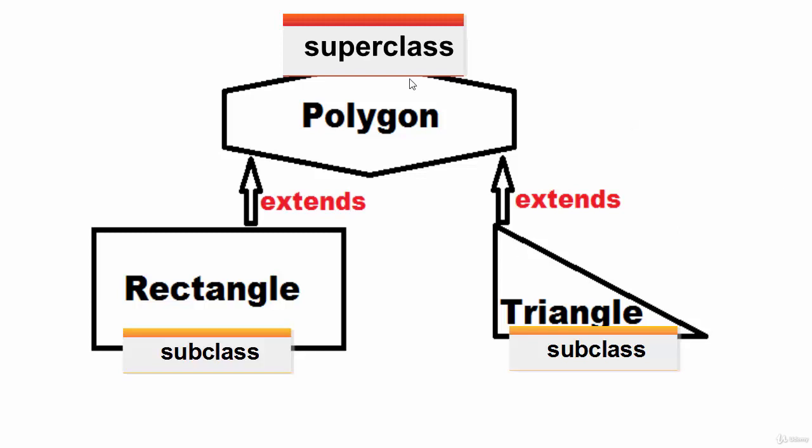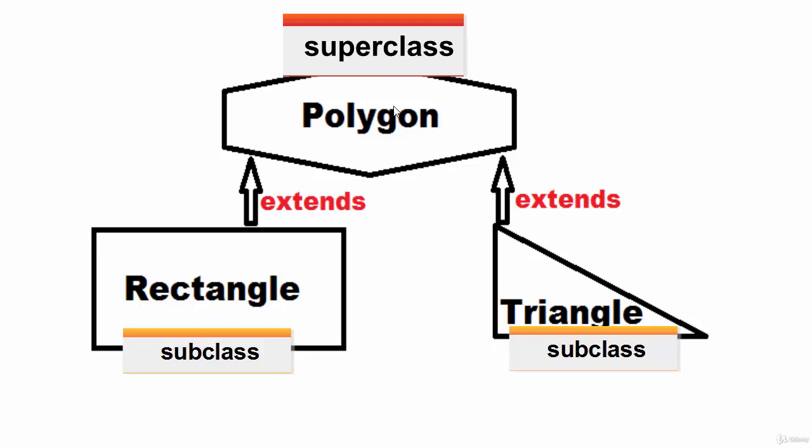The relationship between the superclass and the subclass is defined by a relationship called the is-a relationship. So a rectangle is a polygon and a triangle is a polygon also. That means rectangle and triangle can inherit from the polygon class. So in inheritance, the subclasses have an is-a relationship with the superclasses.